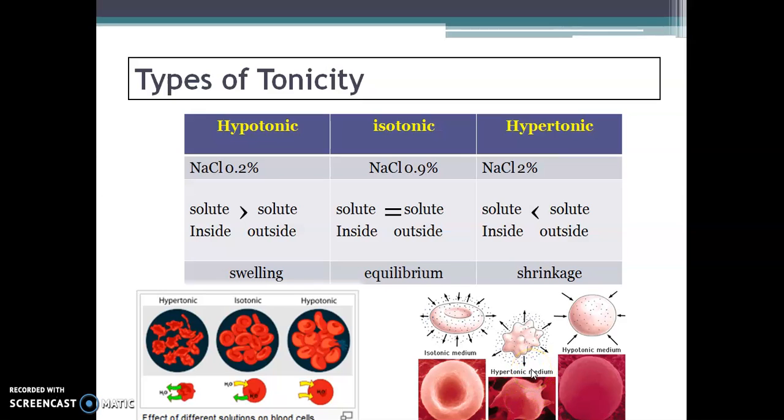Due to the continuous outward movement of water, the cell shrinks in size and becomes wrinkled and crenated in hypertonic solution. So all these are the diagrams of hypotonic, isotonic and hypertonic solutions.